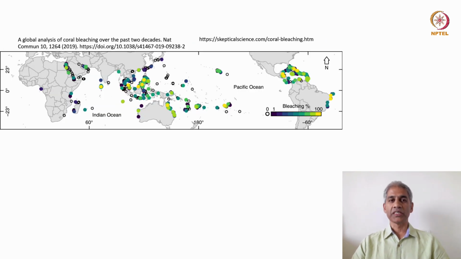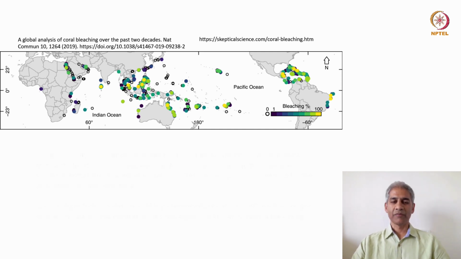So what has been observed over the last 2 decades is that corals can also bleach, basically leading to the death of these very rich ecosystems. And on the map, you can see that the range of bleaching can be different. So going from blue to yellow, you have a higher range of bleaching which has been shown.